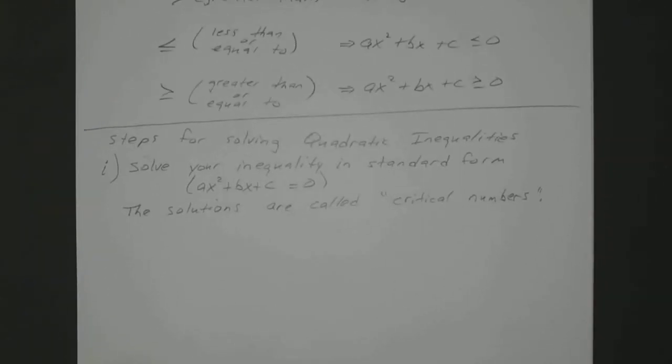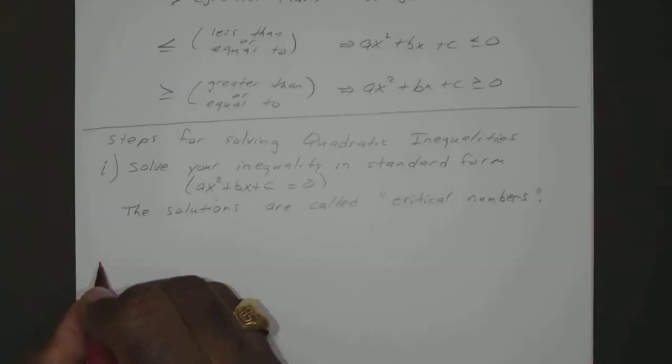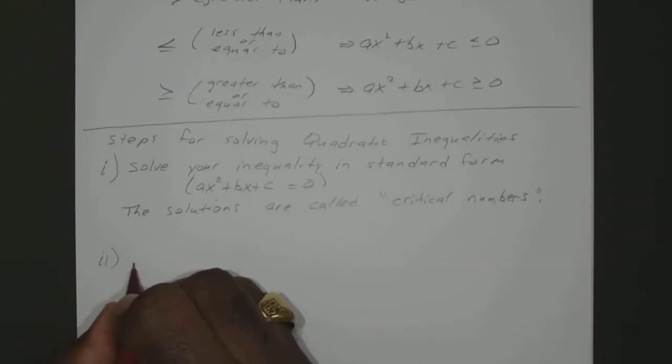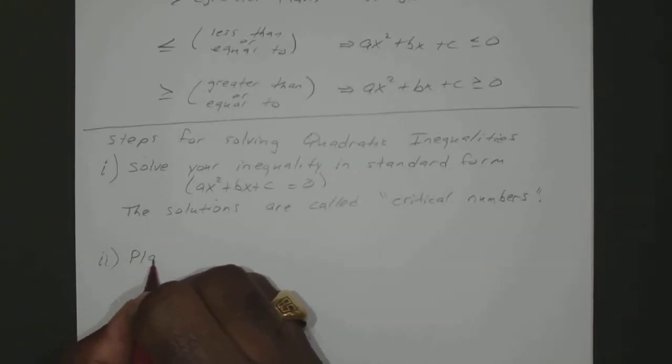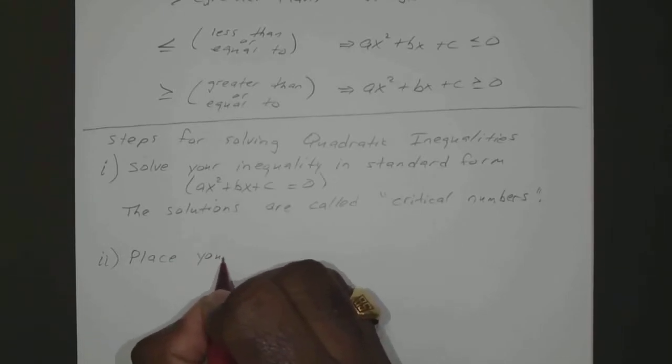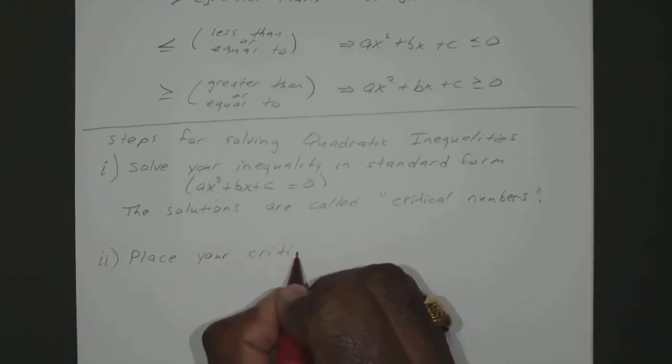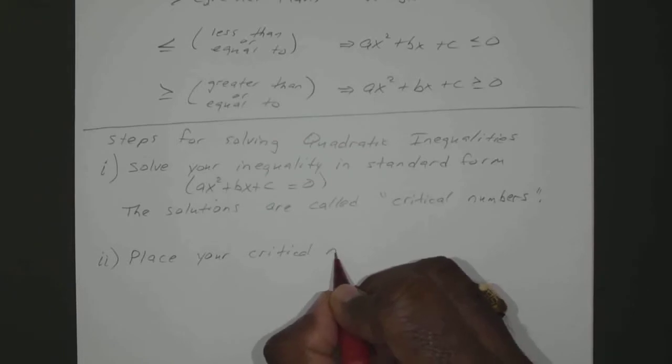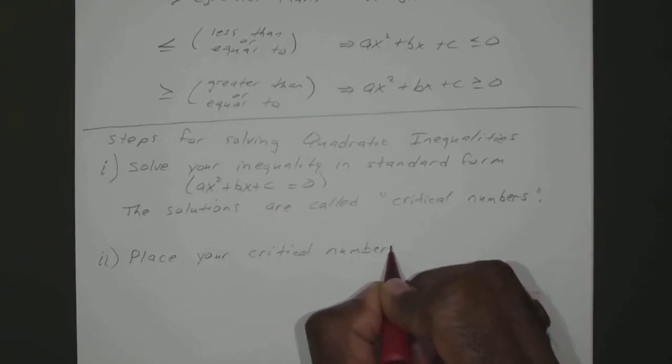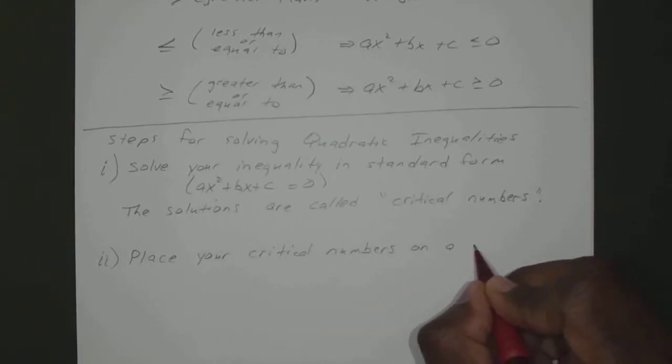Okay, so your second step is you're going to take those critical numbers and you're going to place them on a number line.